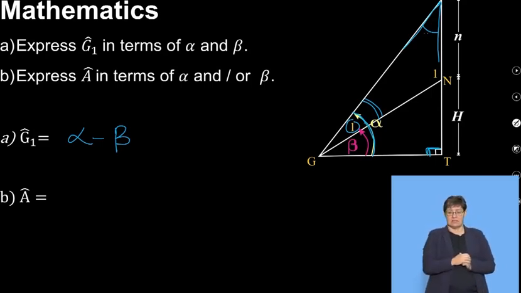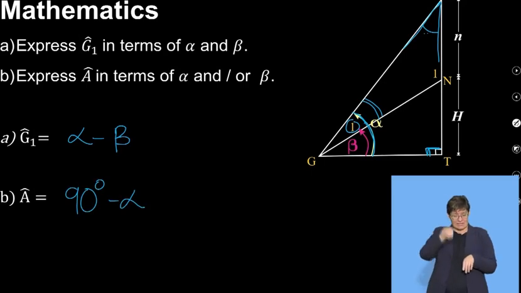So in other words, because alpha plus A has to equal 90, A just has to equal 90 degrees minus alpha. Okay, and how do we know that? From the three angles of a triangle, because we already have this 90 and we have alpha here, so A had to be the complement of alpha, which was 90 minus alpha.